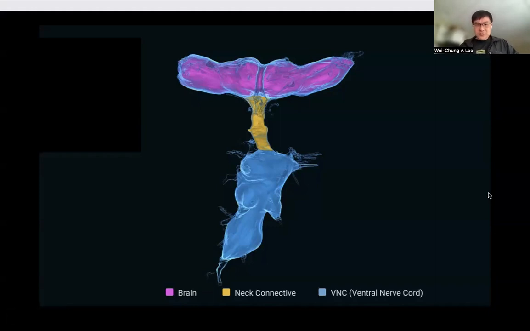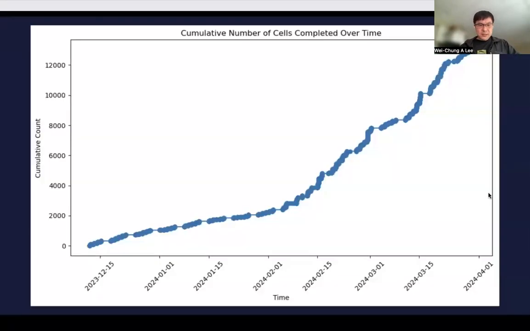In terms of where we are in proofreading, the FlyWire 611 team started proofreading neurons around the end of last year. As of earlier this week or last week, there are about 13,000 neurons that have been marked as proofread.